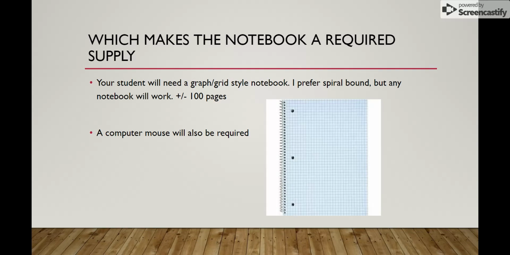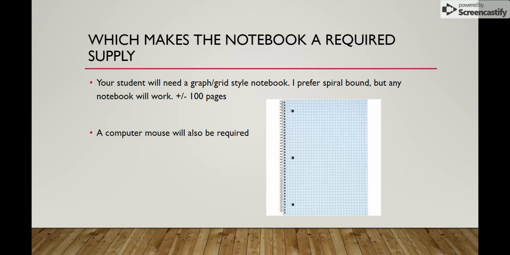This is going to be a required supply for the year, a grid style notebook. At least 100 pages in that notebook would be perfect. I prefer spiral bound graph paper, but some people might not be able to find one of those, or maybe they don't like spiral bound books, but I like that they lie flat, and it's helpful to draw with.